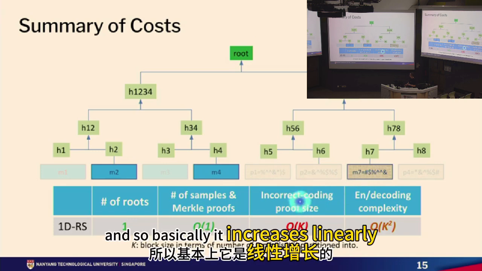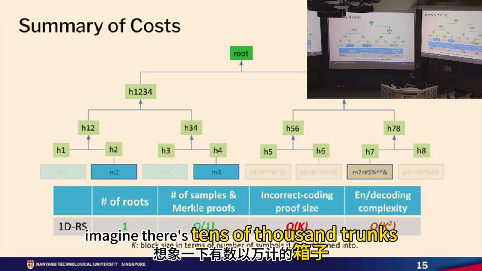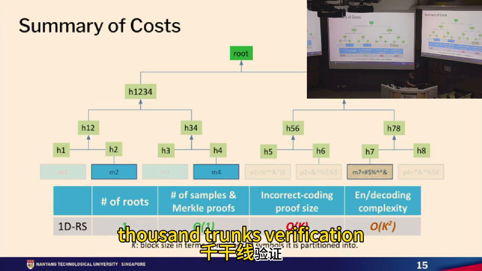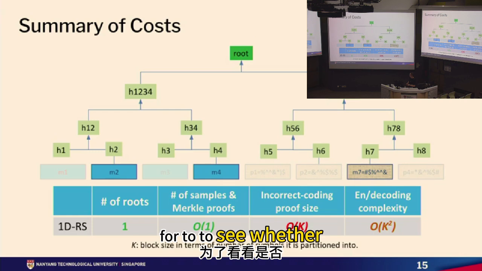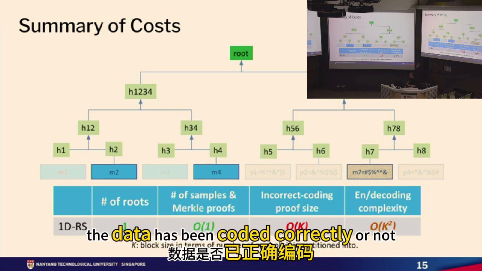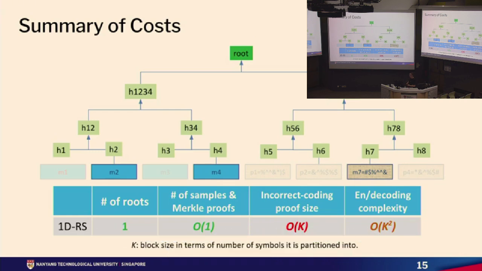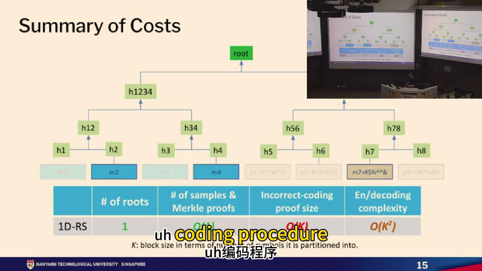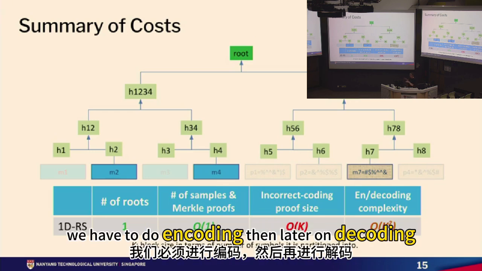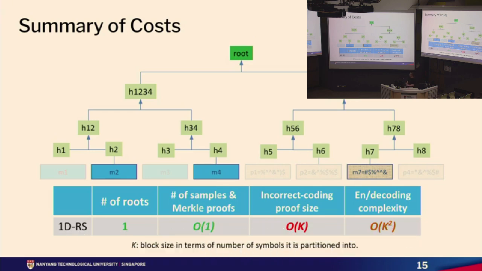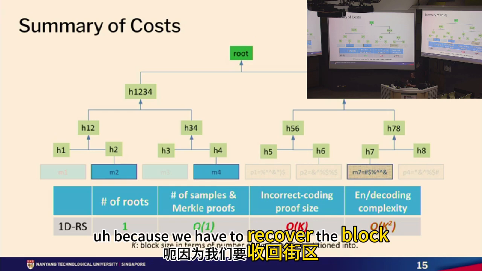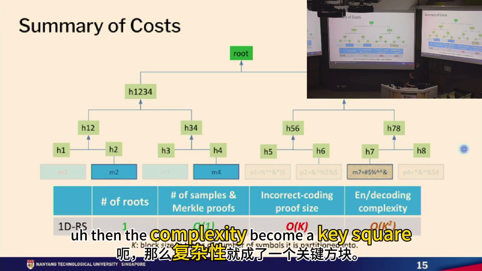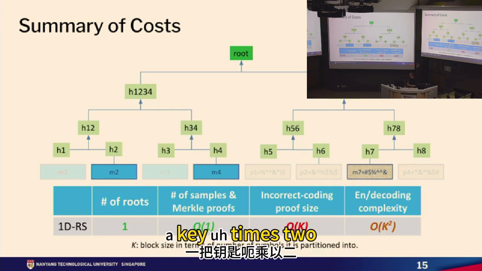So basically it increases linearly. Imagine there are tens of thousands of chunks; you have to do tens of thousands of chunk verifications to see whether the data has been coded correctly or not. And because, remember, in the RS coding procedure we have to do encoding, then later on decoding to recover the block, the complexity becomes k times 2.